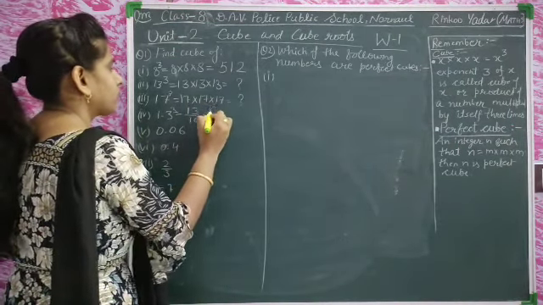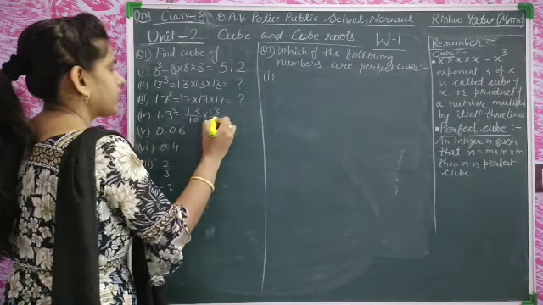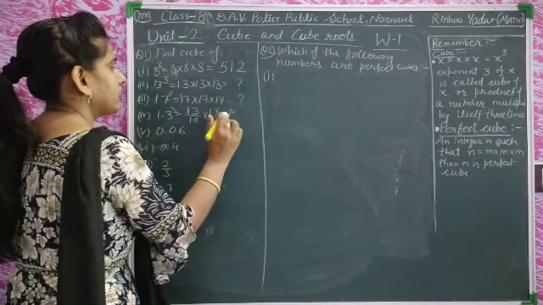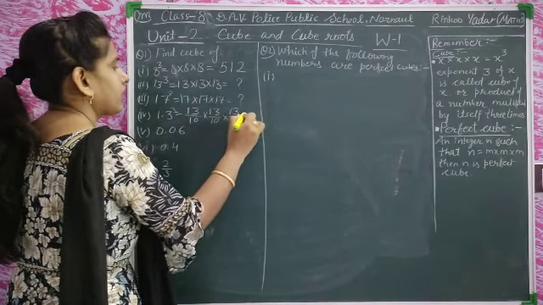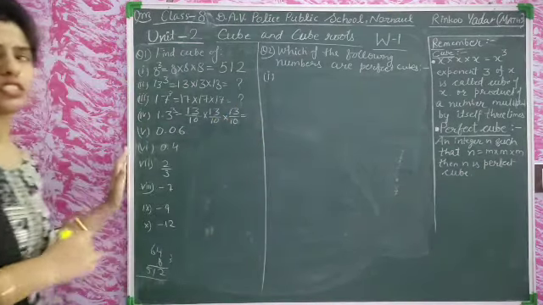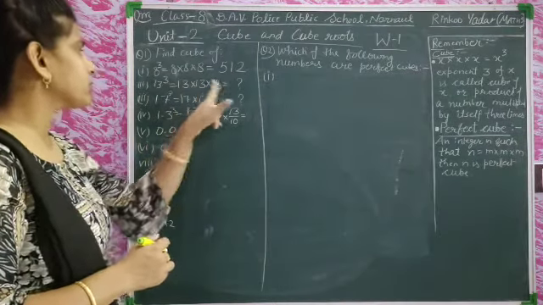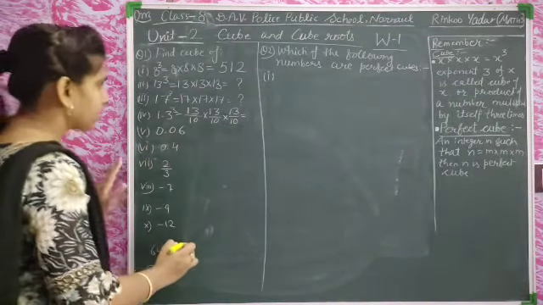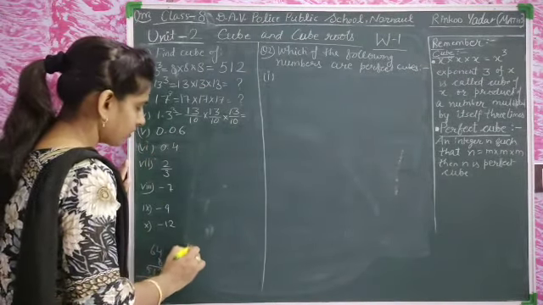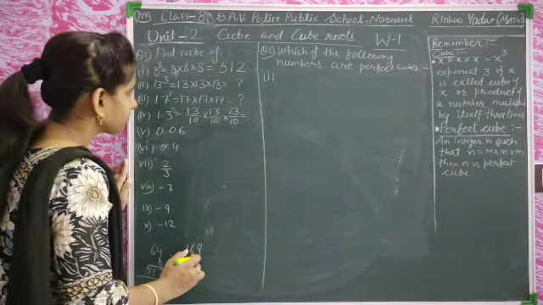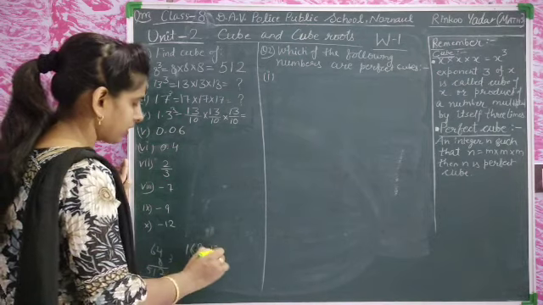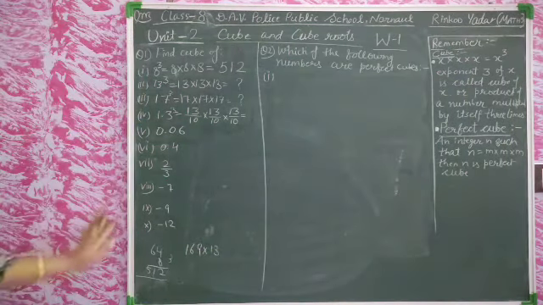Now it is multiplied 3 times: 13 divided by 10, 13 divided by 10, and we get the answer. Let's suppose 13 into 13 into 13. Here 13 into 13 is 169, and into 13. We multiply this and we will get the answer.